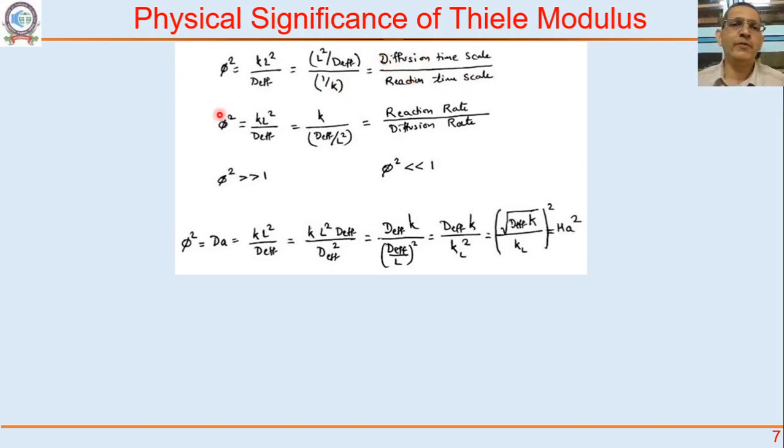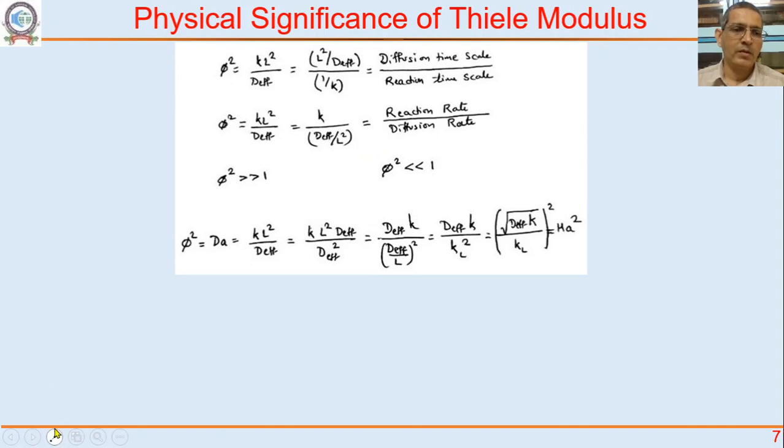Or if you like, we can think about this phi square as K divided by effective diffusivity by L square. So this would be like a ratio of reaction rate to diffusion rate. So when phi square is far greater than 1, what does it mean? That reaction rate is far greater than diffusion rate.